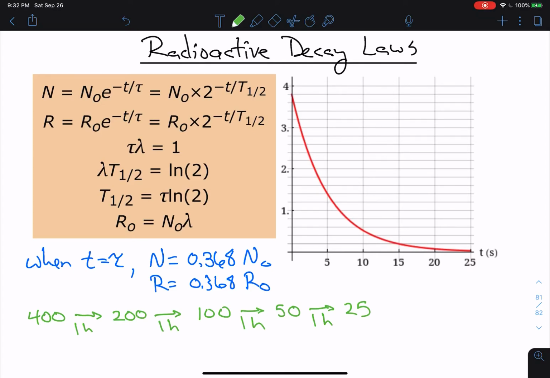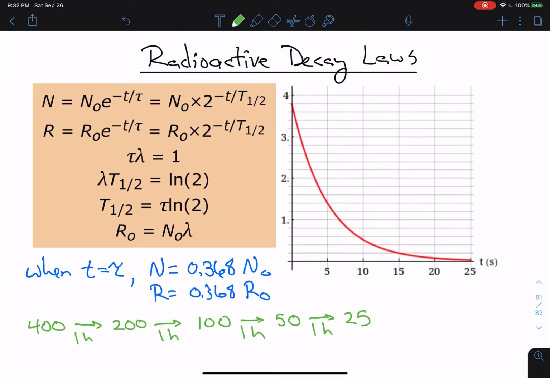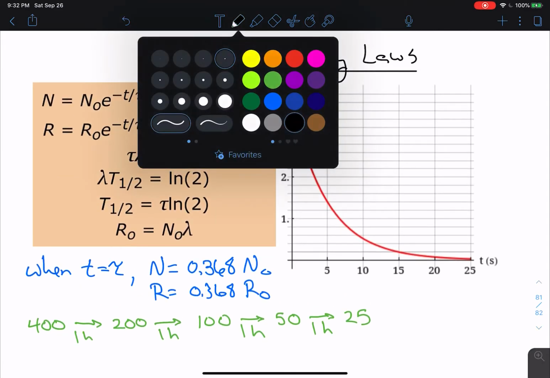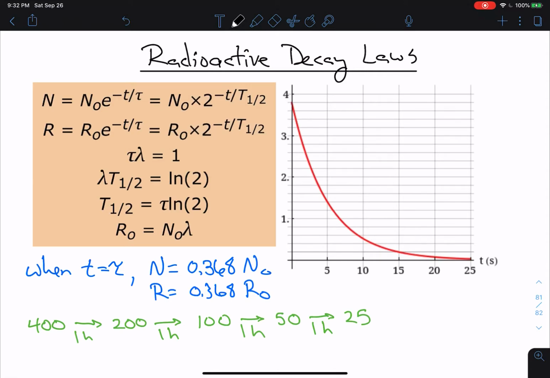Now, both the half-life and the mean life, tau, we can get off of the graph in a fairly straightforward way. Tau, we've already learned back when we were dealing with circuits, but I'm going to go over it again anyway. We know that when t equals tau, N is 0.368 of N naught, or R is 0.368 of R naught. It doesn't matter if the y-axis here is N or R for the purposes of our analysis.